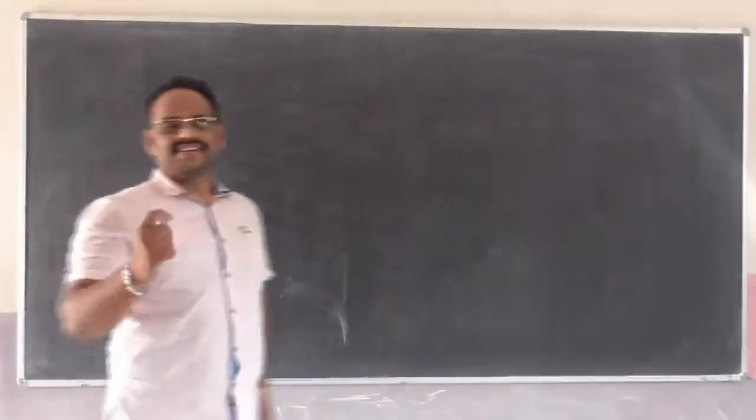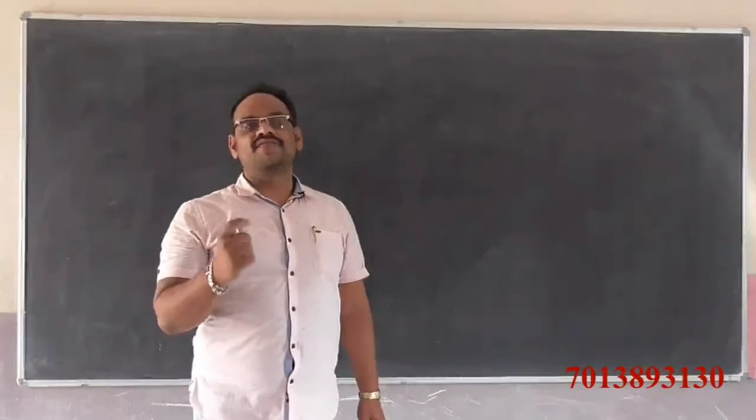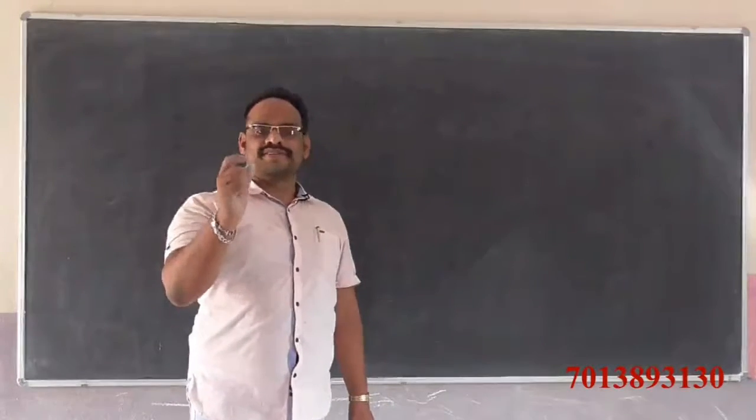Type 3. When the denominator has non-repeated quadratic factors, how to resolve into partial fractions?